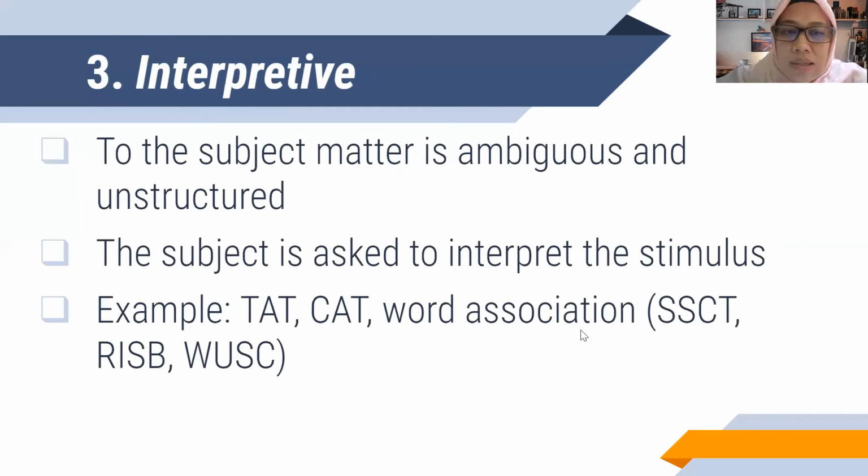The next is the interpretive. The subject matter is ambiguous and still unstructured, as the main characteristic of the projective technique. The subject is asked to interpret the stimulus. Examples of this part are the TAT, Thematic Apperception Test, Children Apperception Test, and word association. There are some tests included in the word association group, such as the sentence completion test, and others.